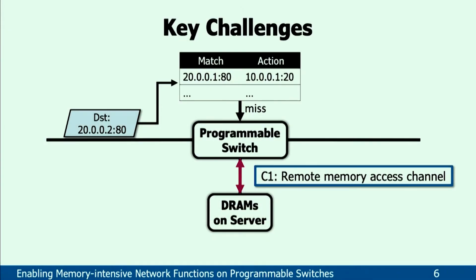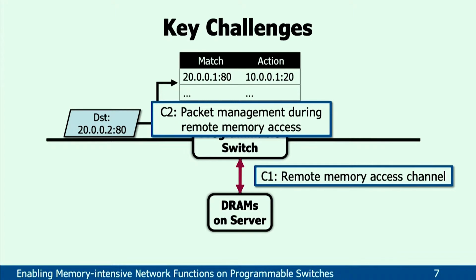So how can you realize this vision? Specifically, we need to solve three key problems. Suppose that the switching chip can use remote memory using the GEM architecture. When a lookup miss happens, the chip will try to look up a remote table. For this, we need an access channel that allows the data plane to directly access remote memory at low latency.